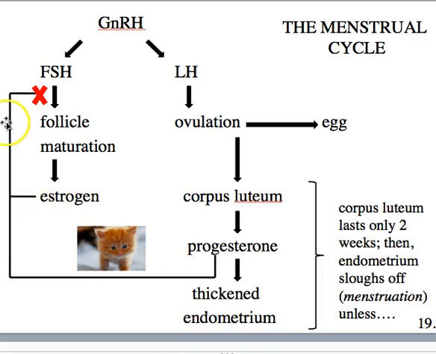It travels in the bloodstream and turns off FSH. So you can't just continually stimulate follicles to get continuous eggs. This only happens cyclically. Same thing with progesterone: once you have enough of it, it turns off FSH. It also turns off LH, but that's not on this diagram.